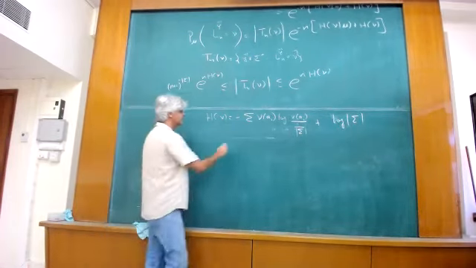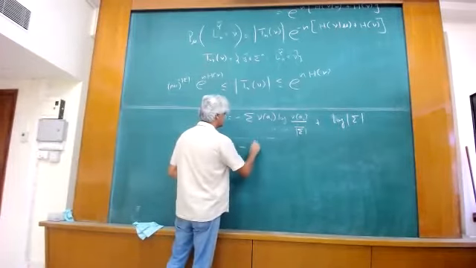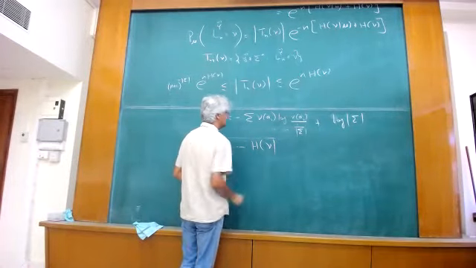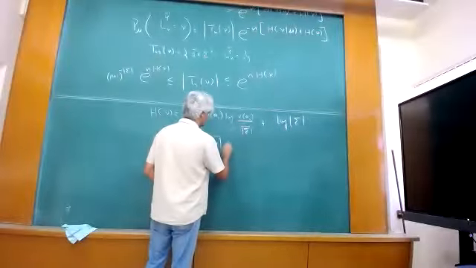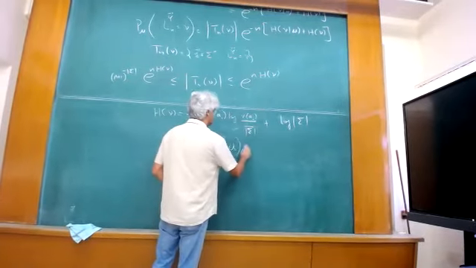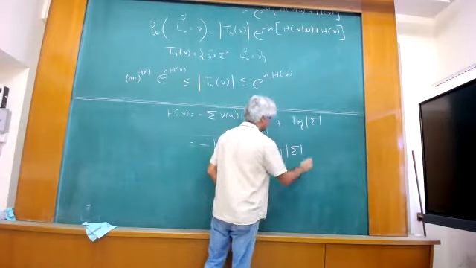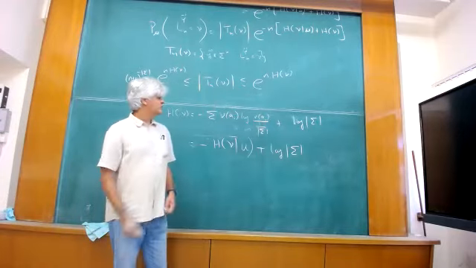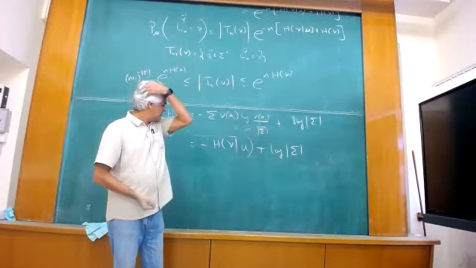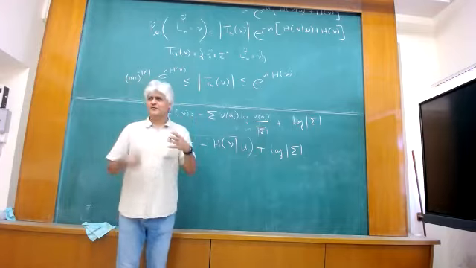So this is exactly minus relative entropy with respect to the uniform distribution, plus log sigma. So maximum entropy is when you have a uniform distribution. And now the world is what it should be.